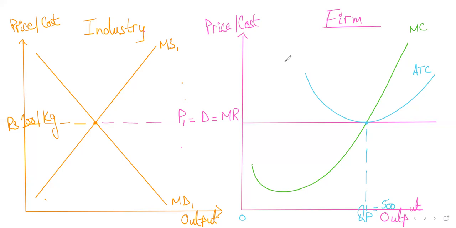Right. But it is the same point only in the case of perfect competition. Only in perfect competition, the profit maximization quantity is the same as the allocatively efficient output level. But in other cases, even in monopoly that we will discuss after this, you will see that the profit maximization point is different from the allocatively efficient output level.